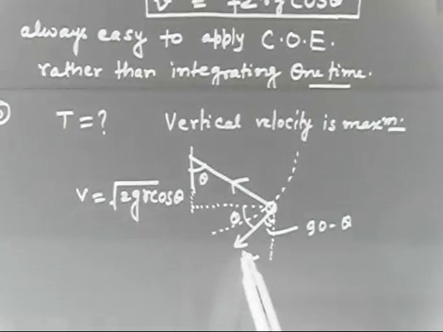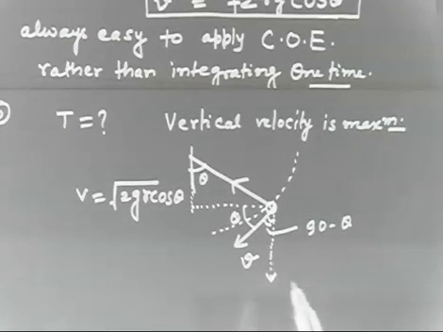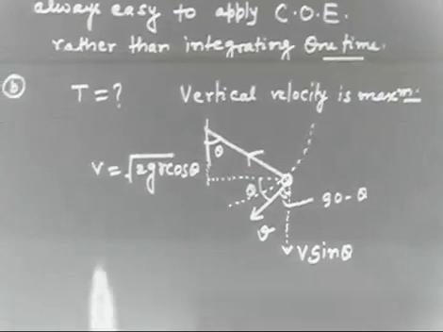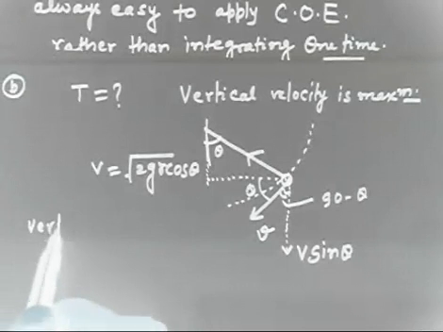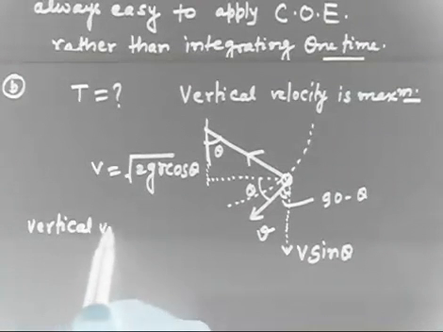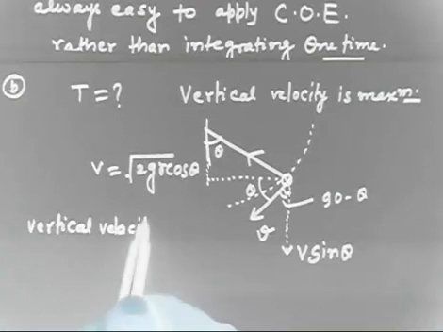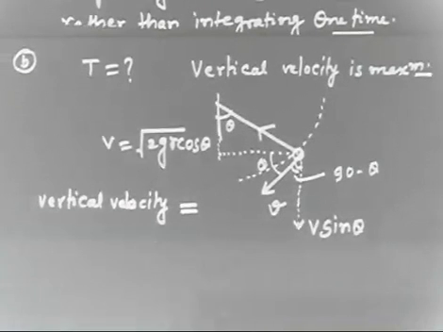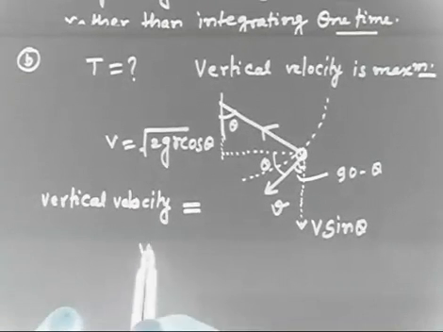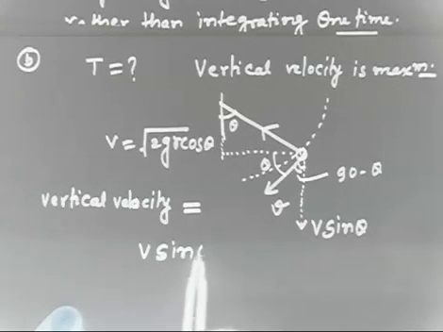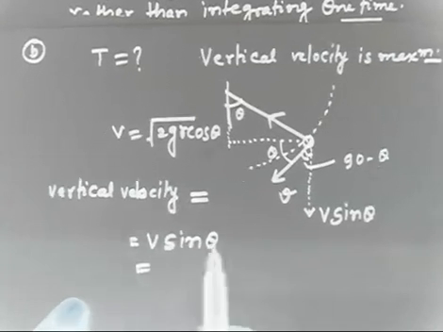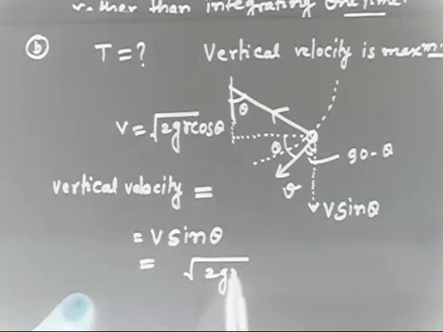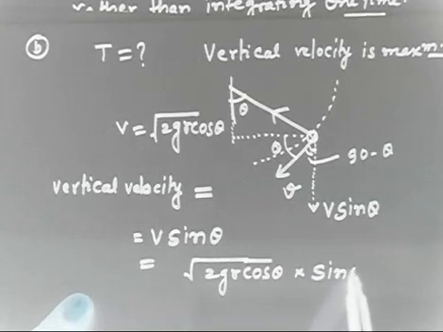So what is the vertical component? This is v, and this side will have v cos of 90 minus theta, so you will have v sin theta in this direction. So the vertical velocity will be v sin theta, and we know v is nothing but under root 2gr cos theta, multiplied by sin theta.